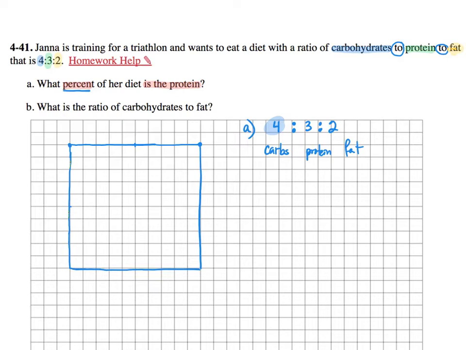The 4 is for the carbs, green, and then yellow. If I start doing one line at a time, the way they gave it to me, I see 4 for the carbs, 3 green, and then 2 for the fat. So if I look for a total of the ratio given, that's 9. That is a 9-part total.